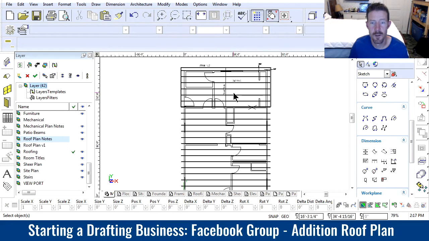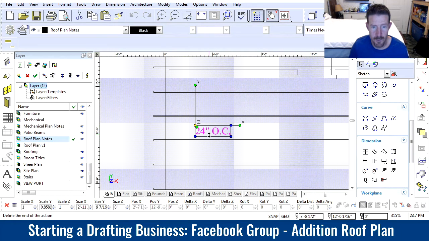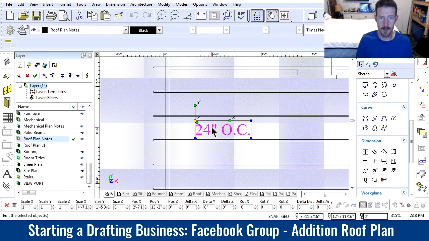Okay. We're going to put, make this a little bigger. This is going to be existing roof for 12 pitch.